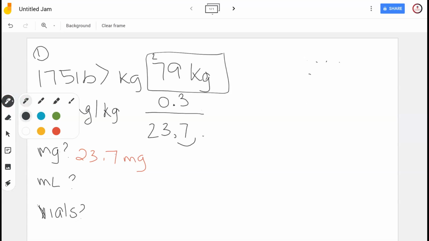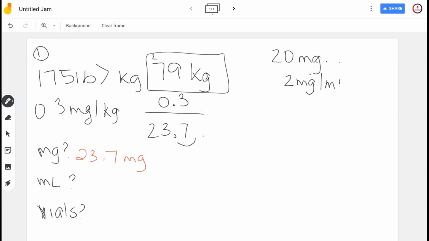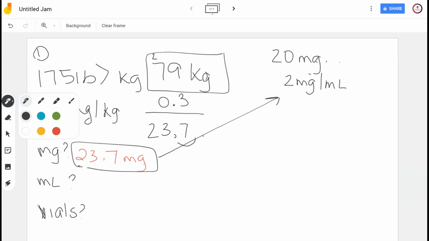Now if you look at the handout, the etomidate comes in a 20 milligram vial. It is 2 milligrams per milliliter. So you're going to take how many milligrams you need and divide it by your dose on hand. So you're going to see how many times 2 goes into 23.7.